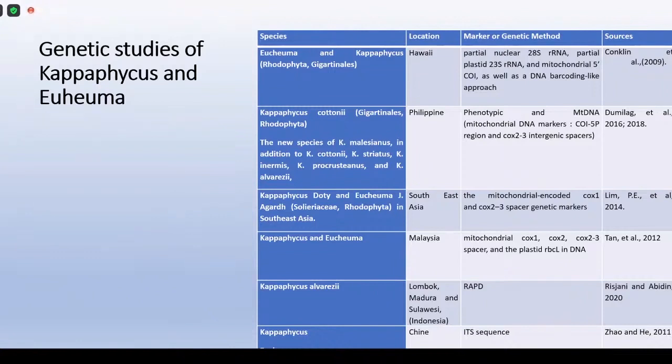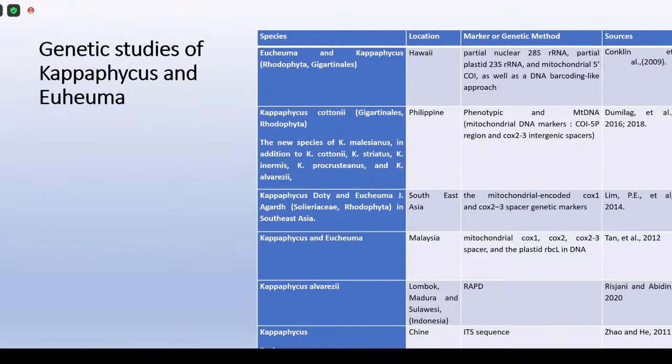And we observe various studies using the same genus Kappaphycus or Eucheuma. They are from Hawaii using partial nuclear RNA and a DNA barcoding-like approach, and others have been done in the Philippines using the DNA marker CO15P, which is mitochondrial DNA.